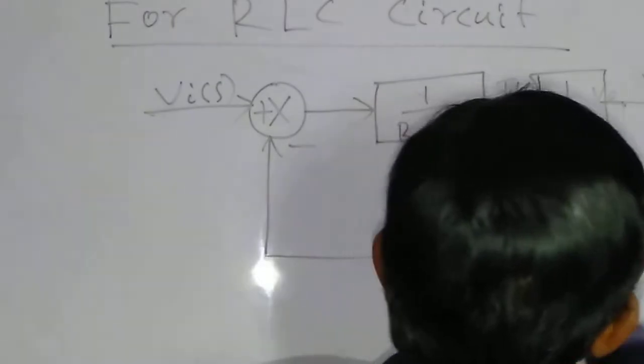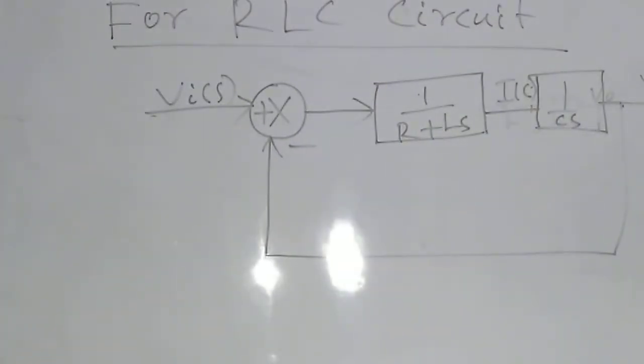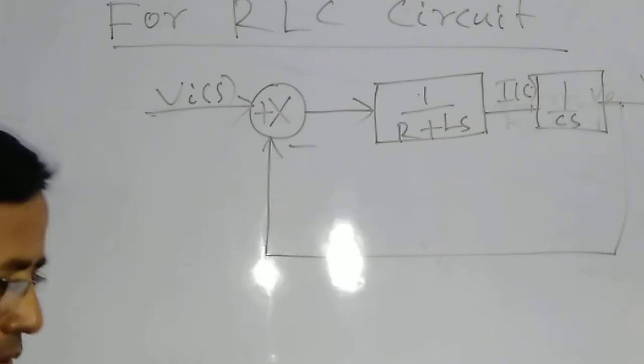So this is the block diagram representation of the RLC series circuit. So this is very easy. Therefore, in a similar way we can calculate the transfer function of this.